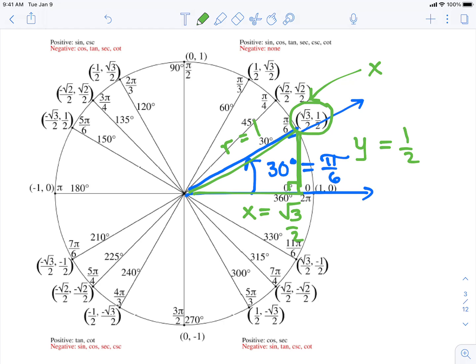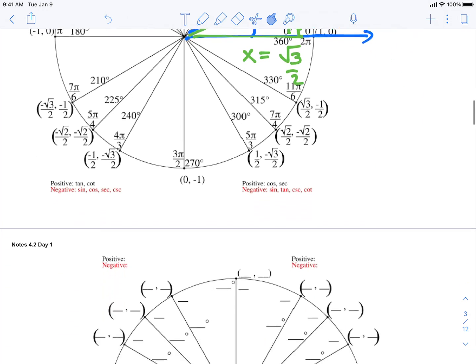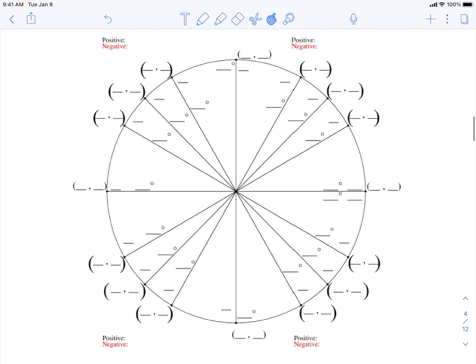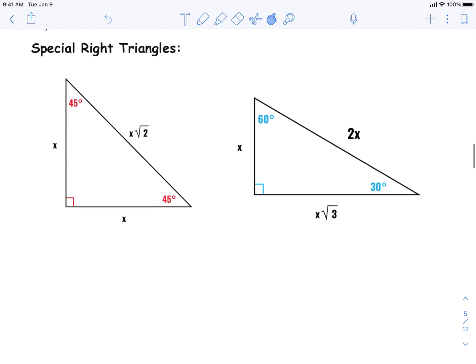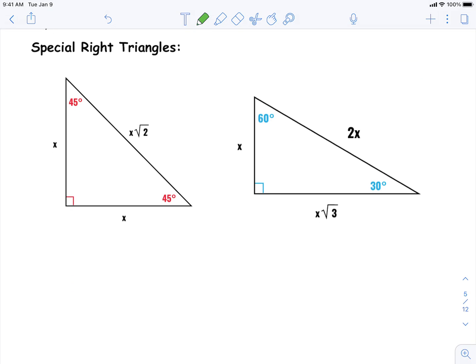Where we get these numbers from are from our special right triangles, our 30, 60, 90, and our 45, 45, 90. So below here is a blank unit circle. Now I've just talked about the special right triangles. We learned about these in geometry.